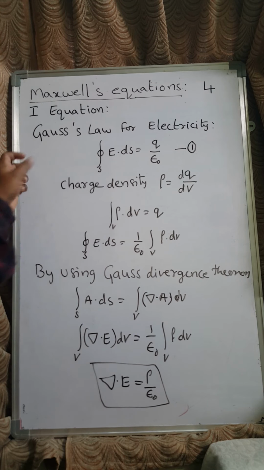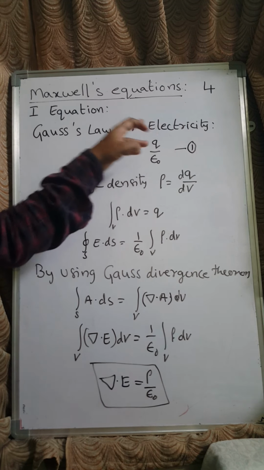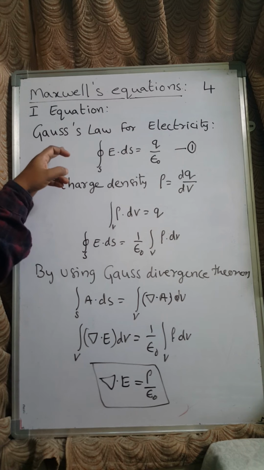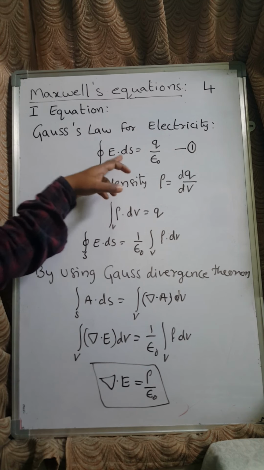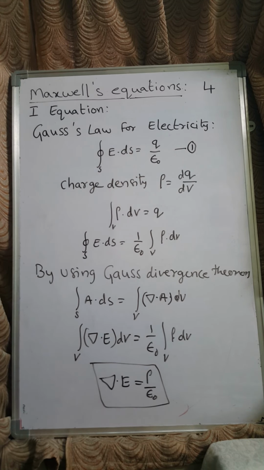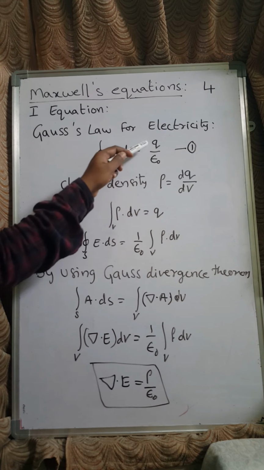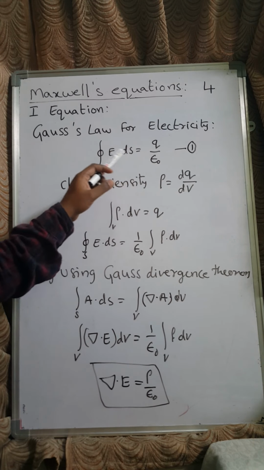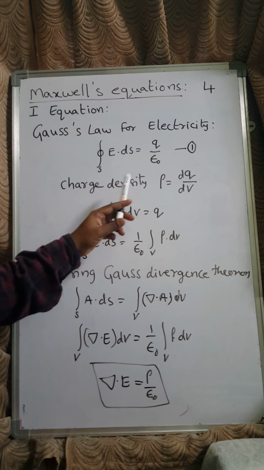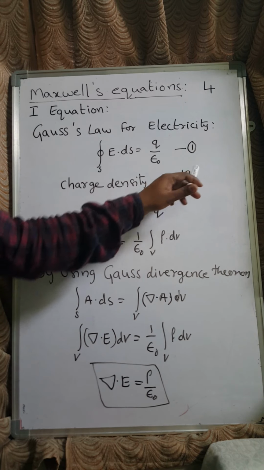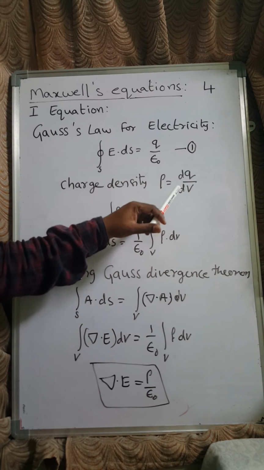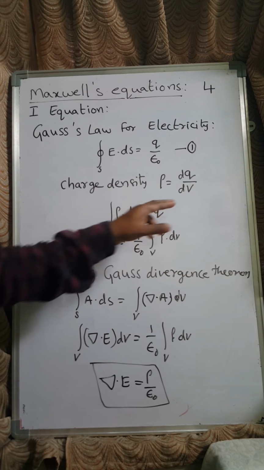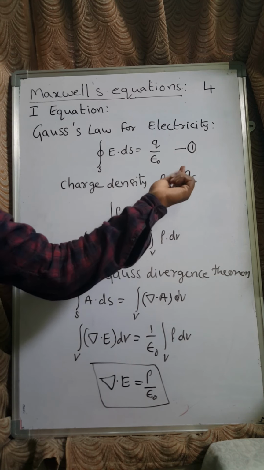I repeat, in order to derive Maxwell's equations, I use Gauss law for electricity first, which is integral E dot ds equals Q by epsilon naught, where Q is the total charge. To calculate the charge density, rho equals dq by dV, where dV is a small portion where I have a charge of dq.